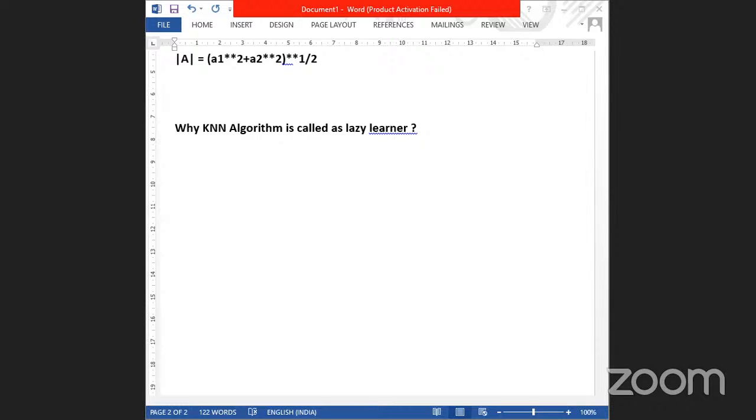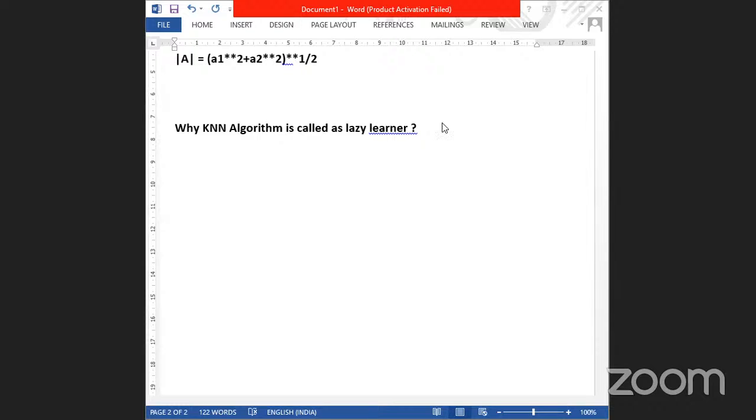It will try to find the distance between points. There are multiple types of distance: Mahalanobis, Manhattan, Euclidean, and others. To find the nearest neighbor, you will first check the distance from the first point to the other 9 points one by one: A to B, A to C, A to D, A to E, A to F, in this way.